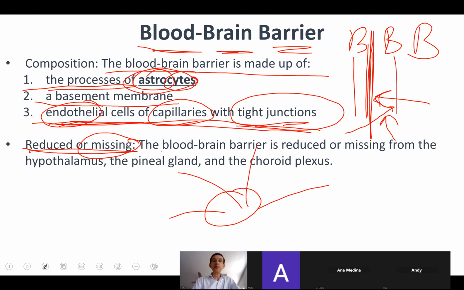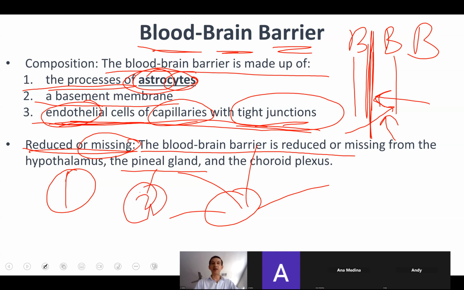So the blood-brain barrier is reduced or missing. Remember these 3 structures. Hypothalamus, that's something we'll be discussing. That's a part of the diencephalon. Pineal gland, that's the epithalamus. It's the biggest part of the epithalamus, obviously diencephalon as well. And the choroid plexus, and we'll go over choroid plexus in the next 1 or 2 slides.